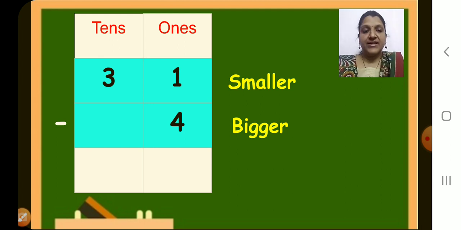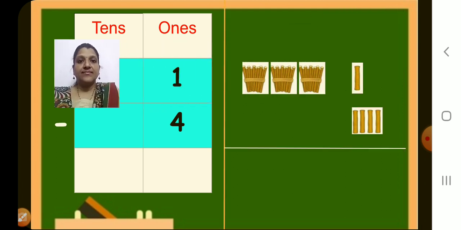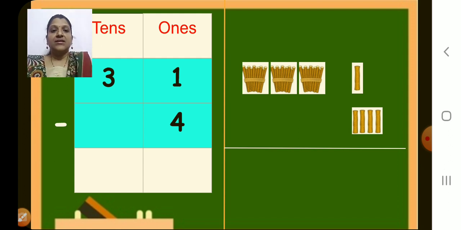Now let us further understand with the help of a picture. Children, here we see 31 in the form of sticks: 3 tens plus 1 one. 1 minus 4 loose sticks.